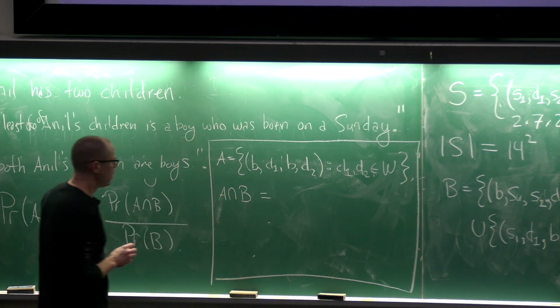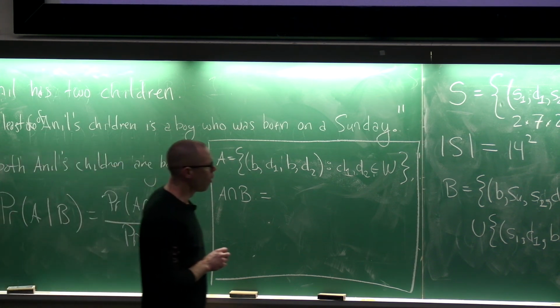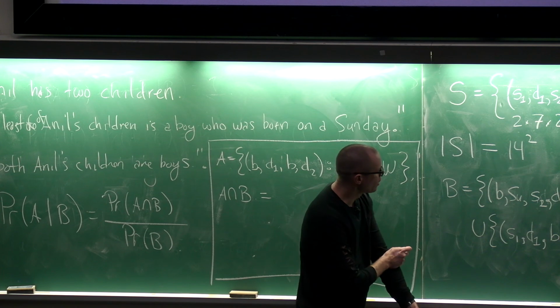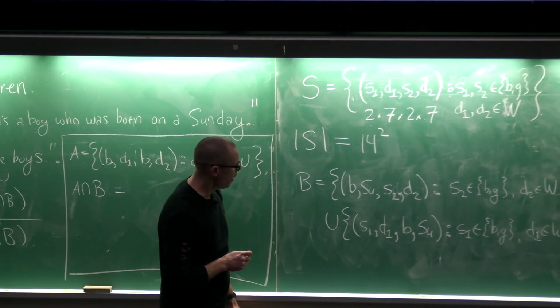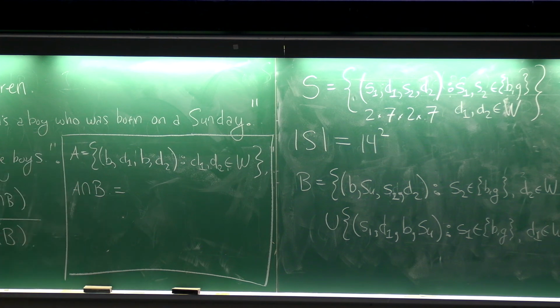So B says that one of the children was a boy born on a Sunday, and A says both of them were boys. So what does that look like?